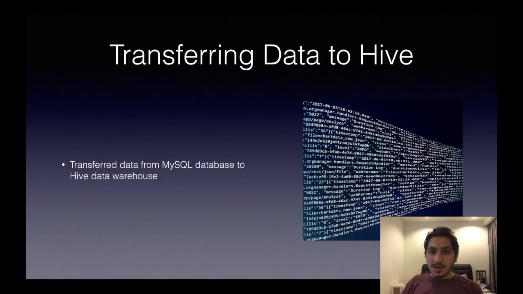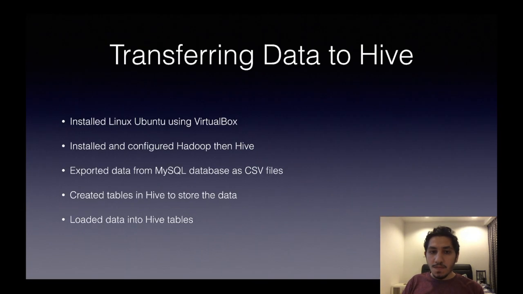And finally, the final part, we transfer data from our MySQL database to Hive. We followed the following steps. First, we installed Linux Ubuntu using VirtualBox. Then we installed Hadoop and configured it.